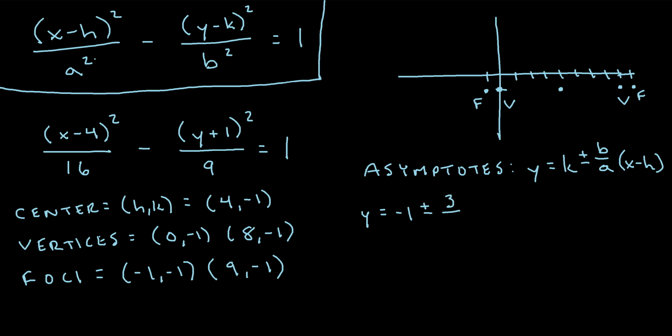And a squared was equal to 16, so a was equal to 4. So we have plus or minus 3/4 times (x minus h). And h was this 4 right here, so x minus 4. If we distribute this 3/4 into the parentheses, we get -1 plus or minus 3/4 x.